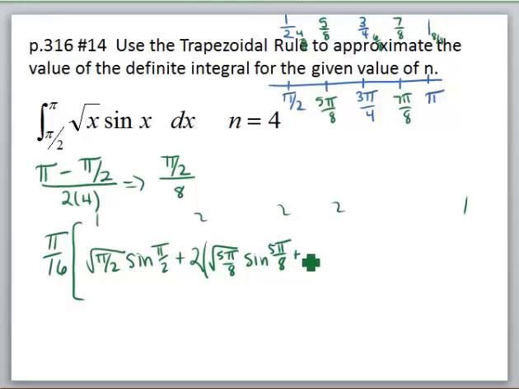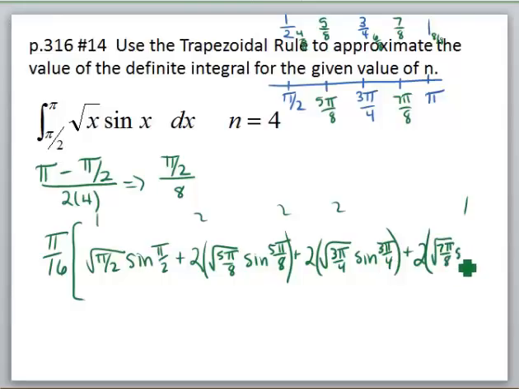My next coefficient is a 2, and I have the square root of 3 pi over 4 times the sine of 3 pi over 4, plus my other coefficient is 2, plug in 7 pi over 8, so I'd have the square root of 7 pi over 8, sine of 7 pi over 8. I'm trying to squeeze this in here. The last one has a coefficient of 1, which is the square root of pi and then sine of pi. And I ran out of room there.